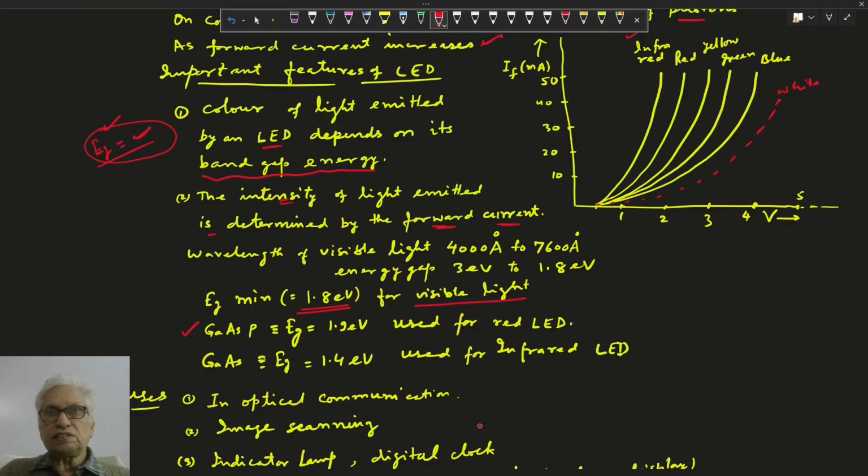Gallium arsenide phosphide, where the energy gap is 1.9 electron volt, is used for red color LED. Gallium arsenide, energy gap 1.4, is used for infrared LED. So the color coming out from the LED depends on which semiconductor we are using and what its energy gap is.